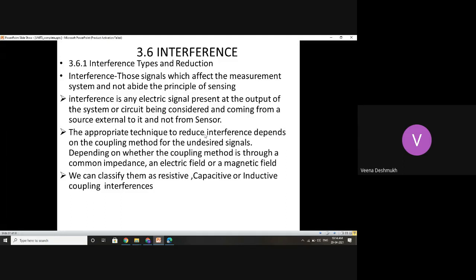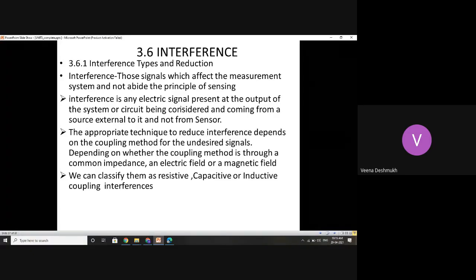They are externally generated signals, but still they are sensed by the sensor. They have nothing to do with the parameter under measurement, and are due to the external environment or ambience or any other resistors or capacitors connected to aid the measurement system. They are generated by them but sensed by the sensor. So these are the interference signals.